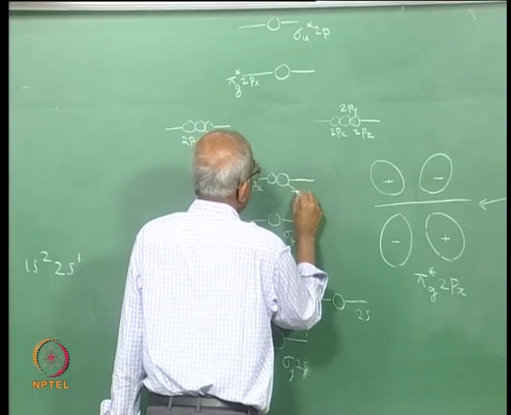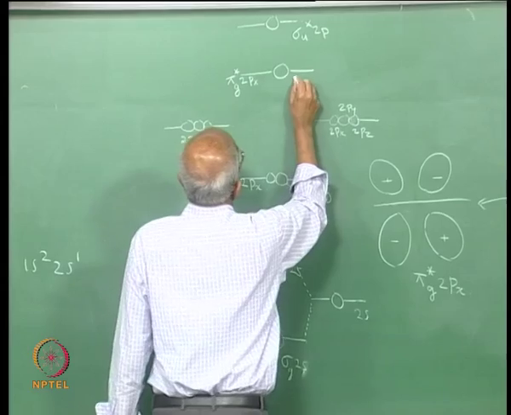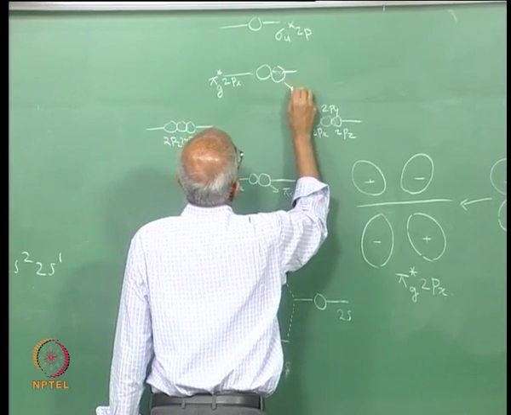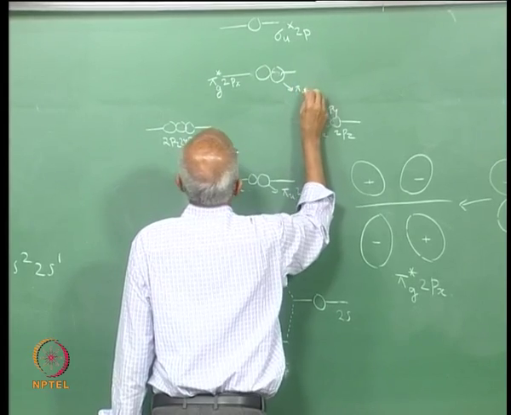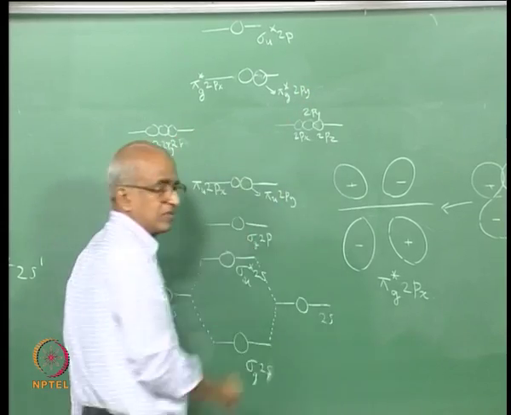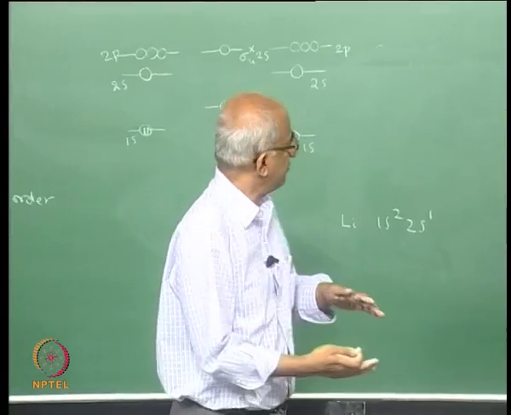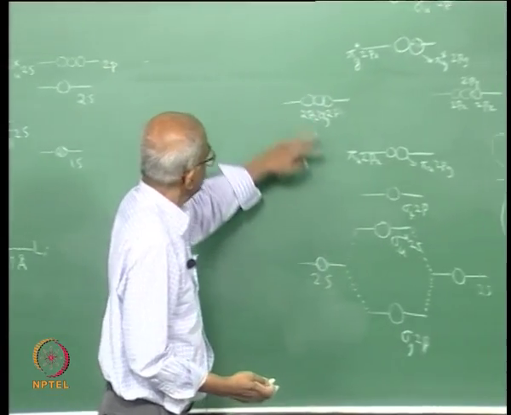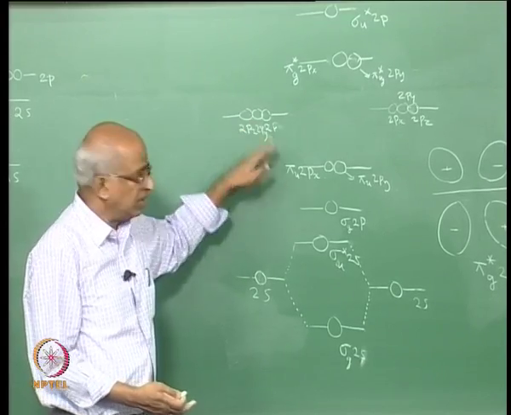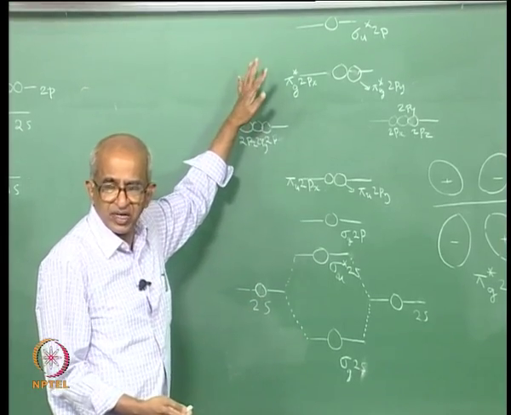This is my pi u 2py, and here again you will get one more orbital, and that will be pi g star 2py, right. So, this is what happens if the energy separation between 2s and 2p is large, and this will be the order of the energies of the molecular orbitals.